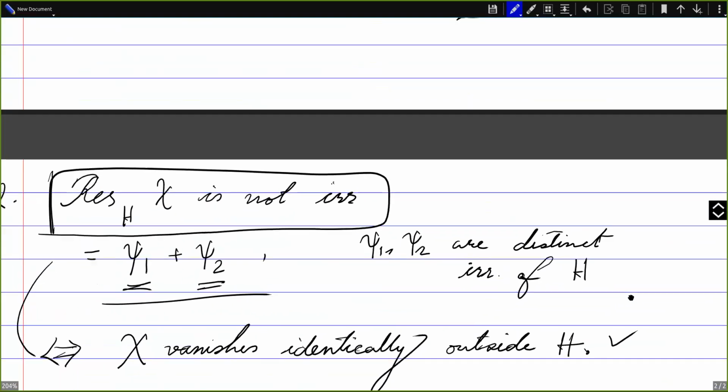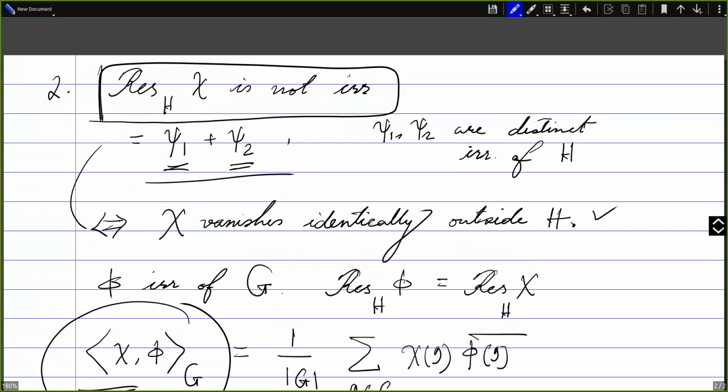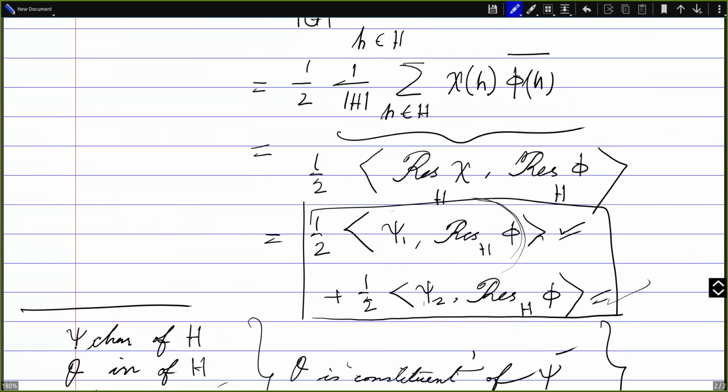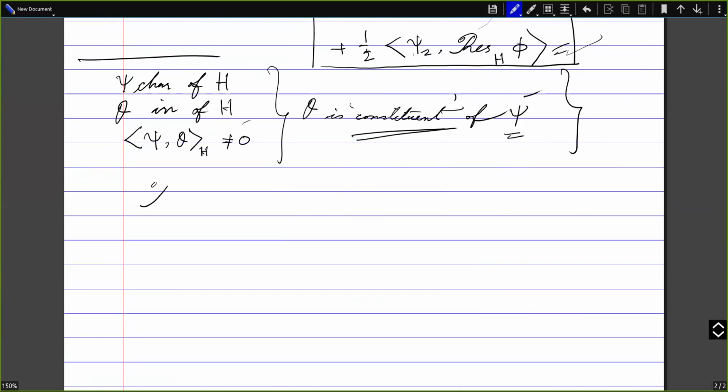That is what we have seen. In other words, if res chi and res phi have at least one constituent in common, then they have to be equal.